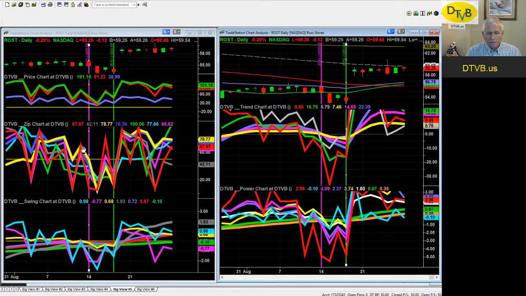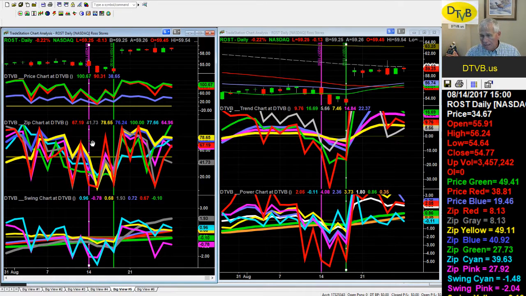Also, you have Zip Yellow and Blue. They're real high. Zip Yellow is at 49 and Zip Blue is at 40. And that's vastly different from the green vertical line, which has Zip Yellow at 12 and Zip Blue at 12.